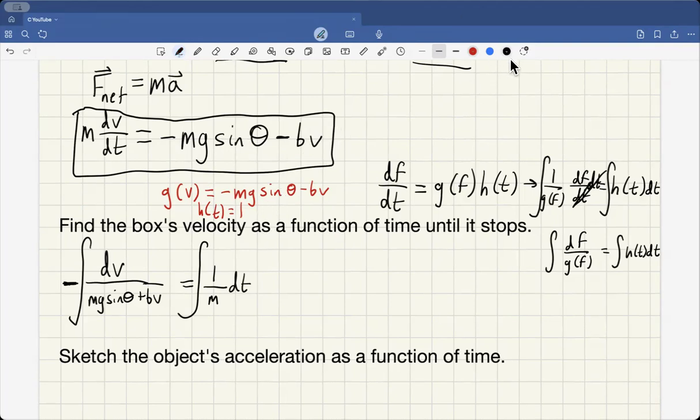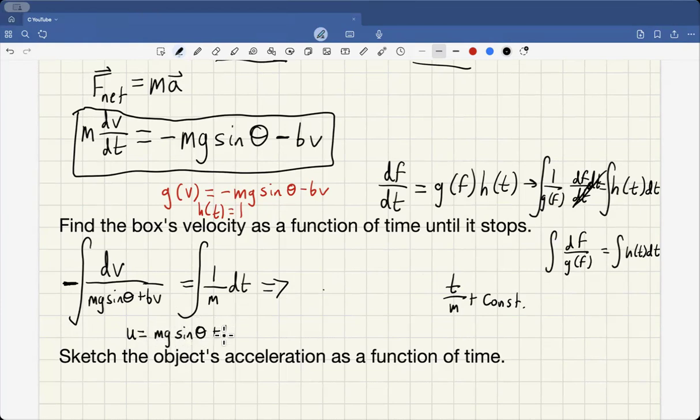Based on our equation sheet, if we actually solve what we have written down for our two integrals, then on the right side, you're going to have a very simple integral. You'll get t over mass plus an integration constant. On the left side, it's a little bit more difficult, but it does end up giving you a natural log. It's been a while since I've done this, but I'm going to work it out using u substitution just to make sure I don't make a mistake.